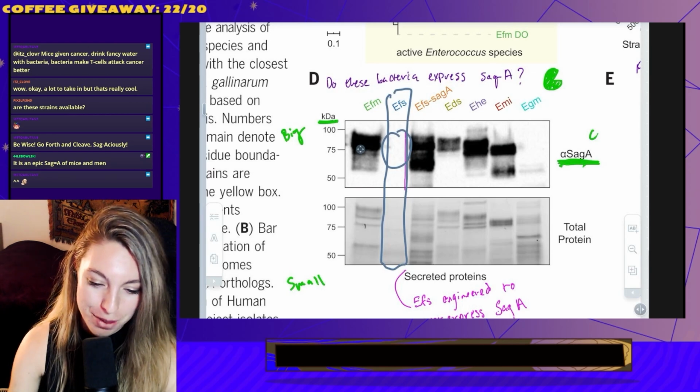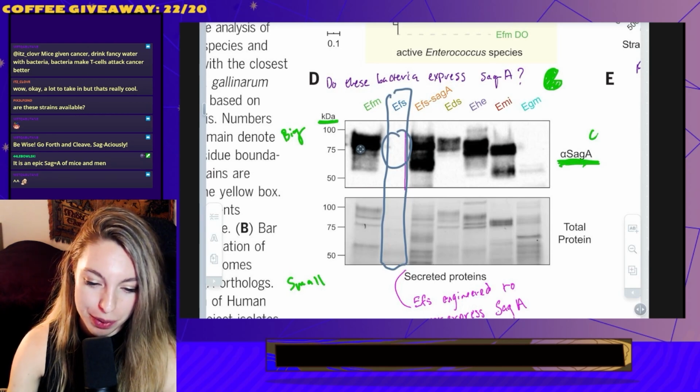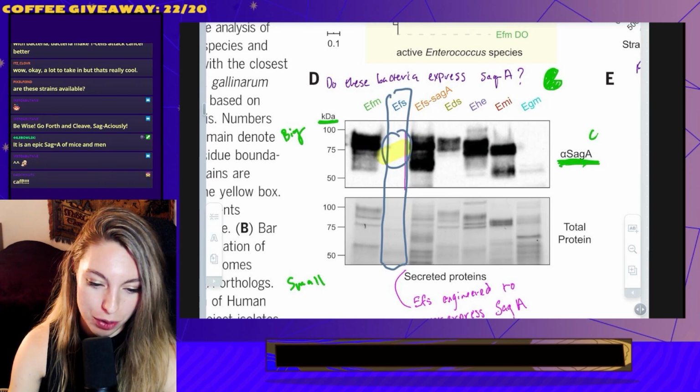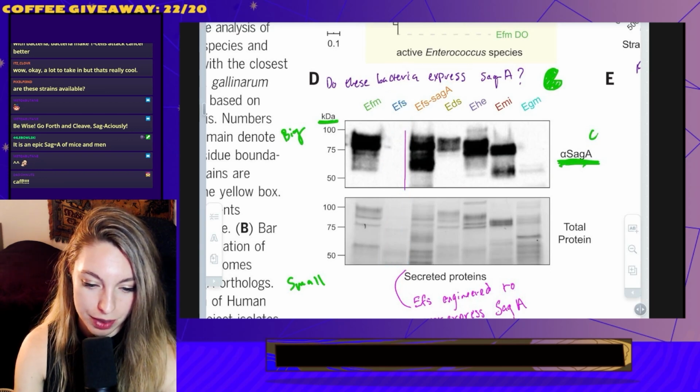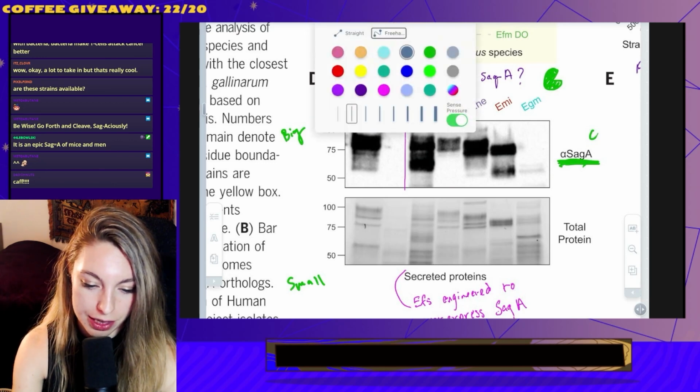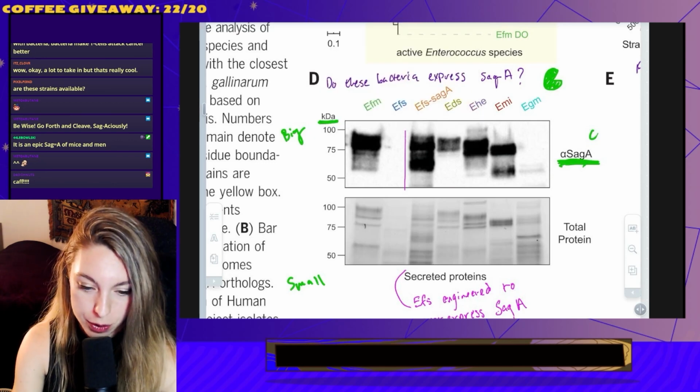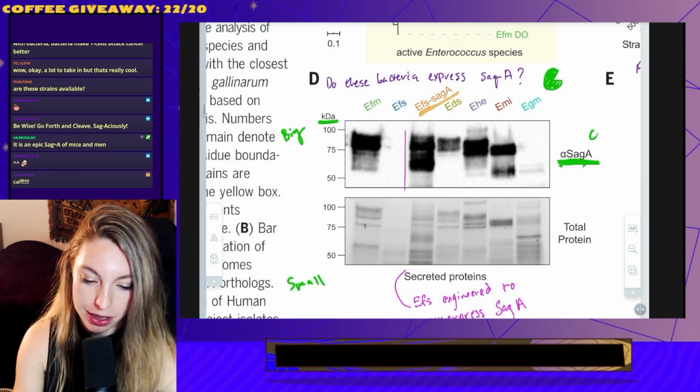Sorry. And then what they do, they do a little bit of protein engineering. So what this means, oh my God, I'm trying to touch this. So, all right. Over here in this condition in orange, we see that we have EFS again, so bad bacteria, but it's now expressing SagA.